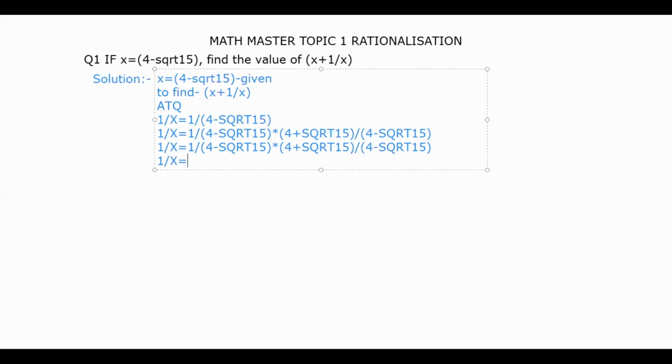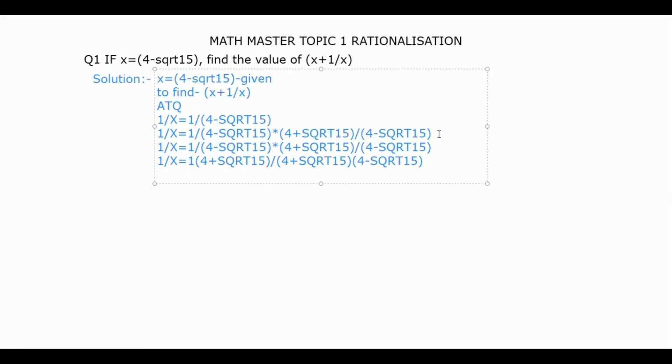So let's multiply 1 with 4 plus square root 15 and divide it by 4 plus square root 15, and multiply the denominator with the denominator of the other number using the commutative property of multiplication. Now this is our new step.